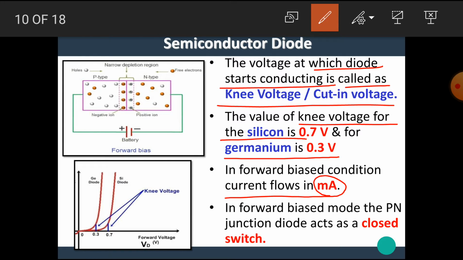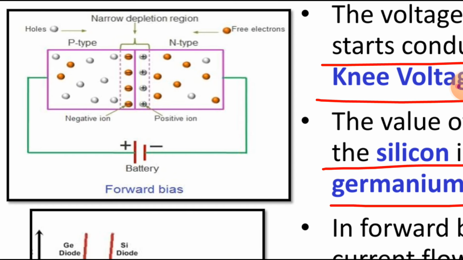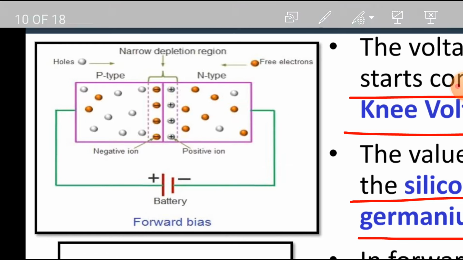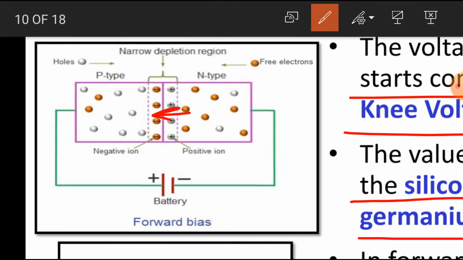In forward bias mode, the PN junction diode acts as a closed switch. That means the electrons are repelled by the negative terminal of the battery towards the junction. Similarly, holes are repelled by the positive terminal of the battery towards the junction. This causes the reduction in the depletion width.